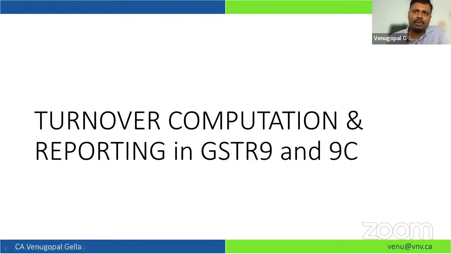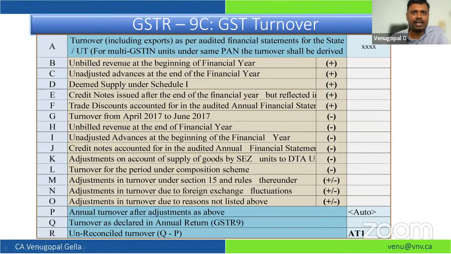Someone was asking about fixed assets and branch transfer. Ideally, your P&L account doesn't show the sale of fixed assets. It only shows profit or loss on fixed assets. But for the purpose of GST, the full value has to be taken. Likewise, the branch transfer is not there in my P&L account. So I will start with my P&L account balance and add my branch transfer.